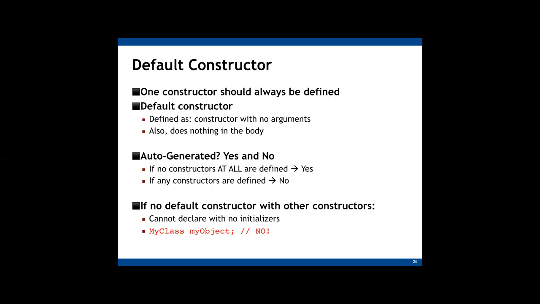The constructor that takes no arguments is called a default constructor. The default constructor is automatically generated by the compiler if there is no constructor in the class definition.